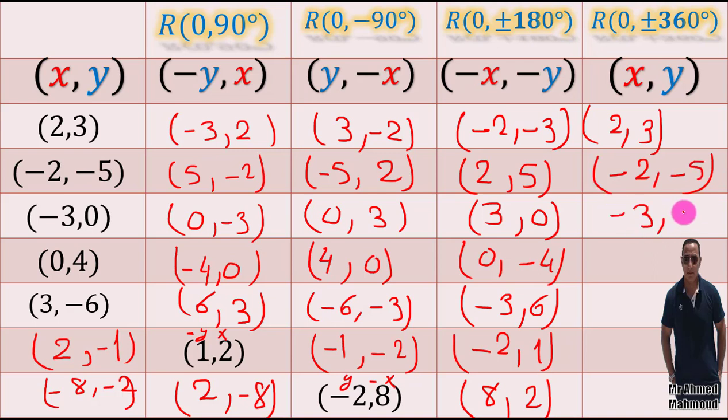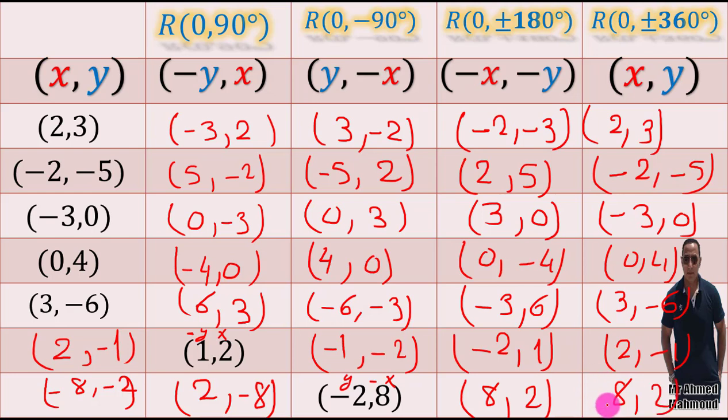Negative 3, 0, 0, 4, 3, negative 6, 2, negative 1, 8, and 2 and negative 8 and negative 2. Now let's solve another example.